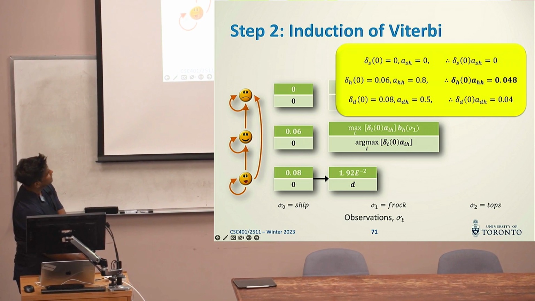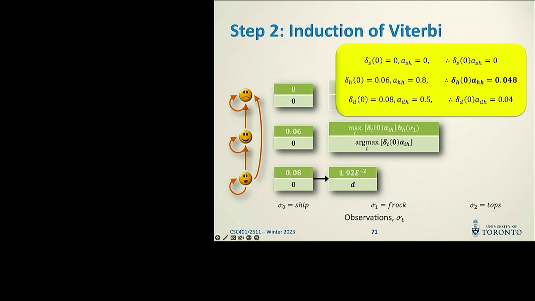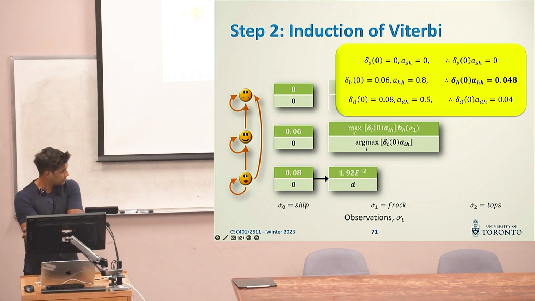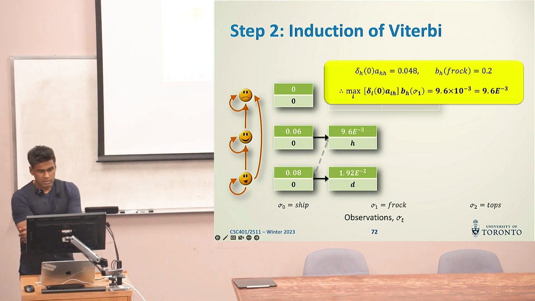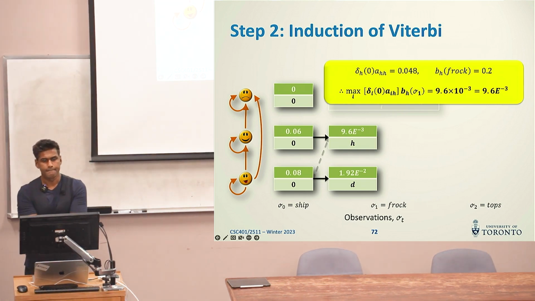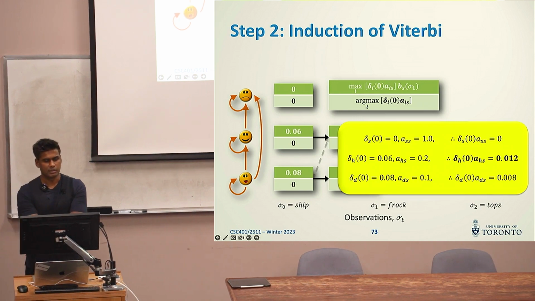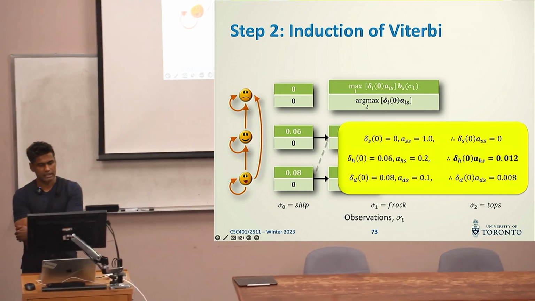And in this case, what do we store in the backtrace label? H. Yeah, okay. All right, so then we keep going, and this is for the sad state, and we do exactly the same thing.